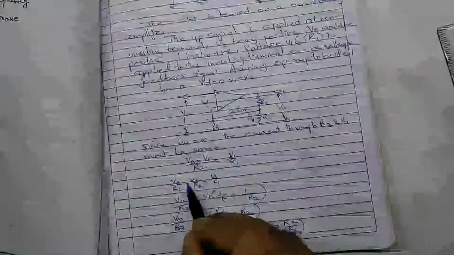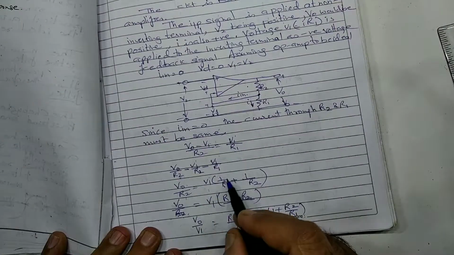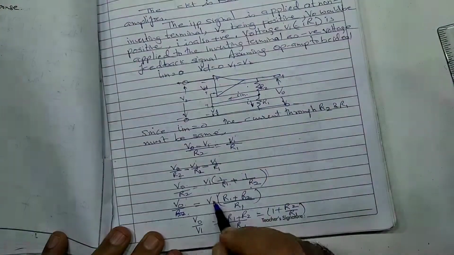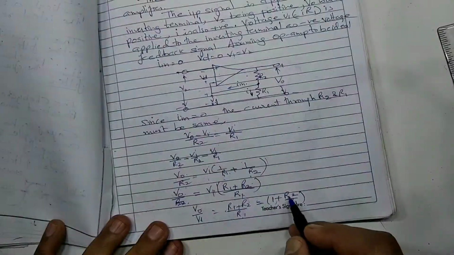VO upon R2 minus V1 upon R2 is equal to V1 upon R1. So VO upon R2 is equal to V1 into (1 upon R1 plus 1 upon R2). VO is equal to V1 into (R1 plus R2) upon R1. So VO upon V1 is equal to (R1 plus R2) upon R1, that is equal to 1 plus R2 by R1.